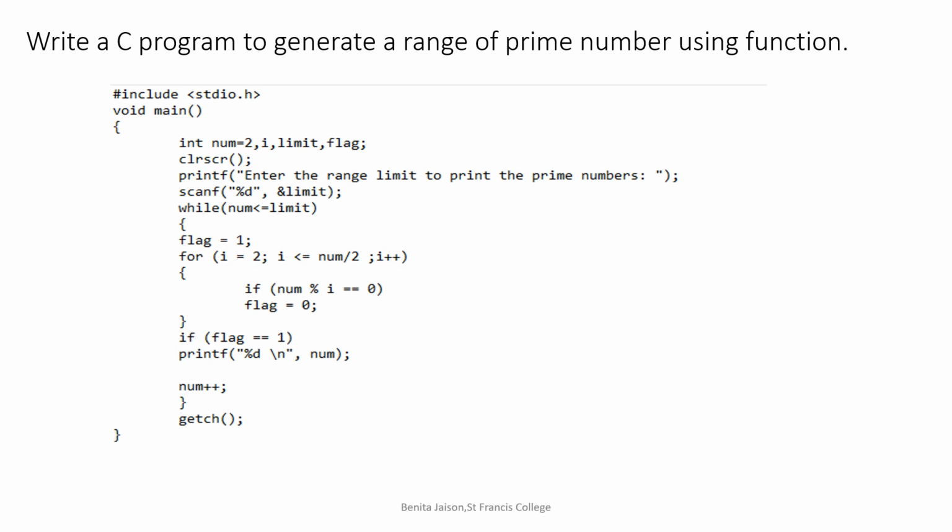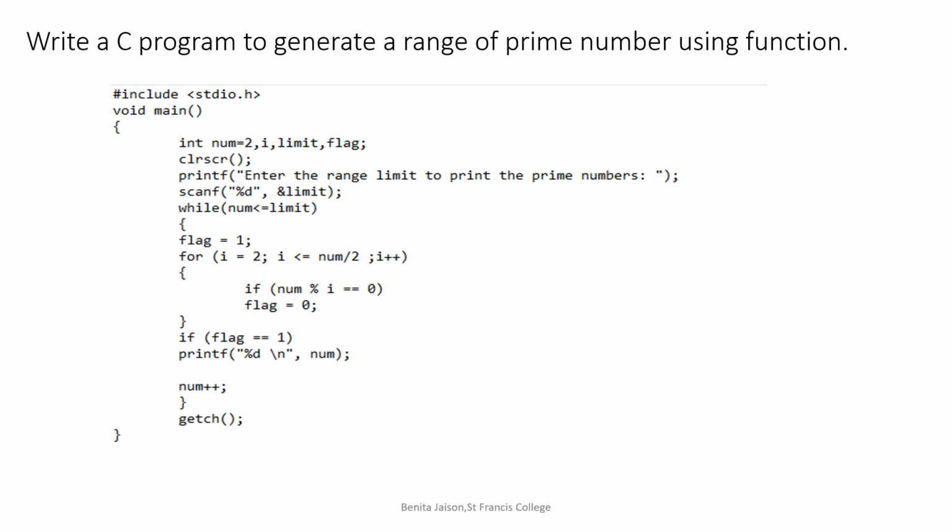We have also written a program for finding the Fibonacci series of a particular length. But now this program, which was asked in one university question paper, is to generate a range of prime numbers. You know which are the prime numbers, but it is not a program for checking whether a number entered is prime or not. Here it is for printing a range of prime numbers. Got it?